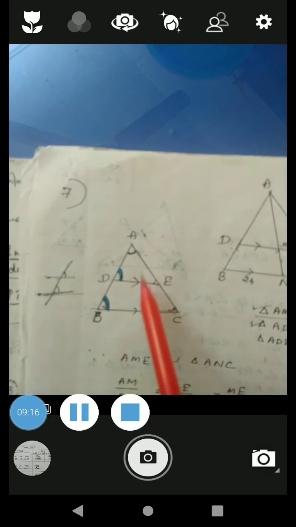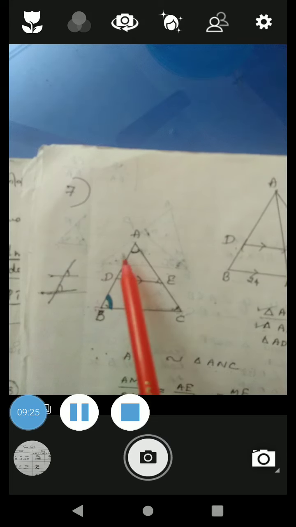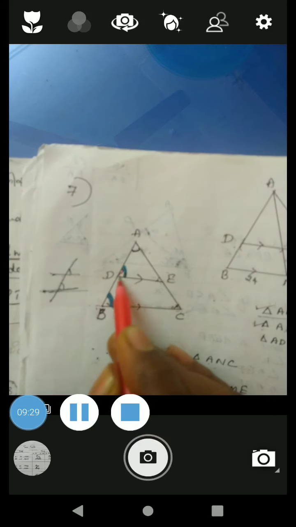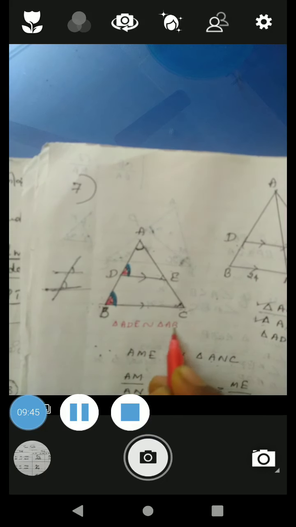In this triangle, if we consider ADE and ABC, angle A is common to both. And these two angles are corresponding angles. Therefore, these two are equal, so triangle ADE is similar to triangle ABC.